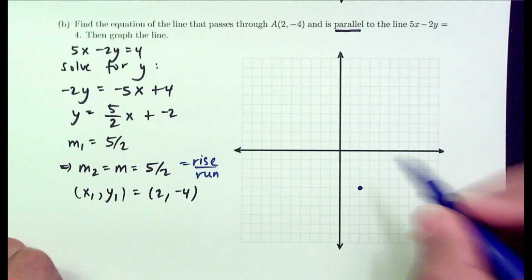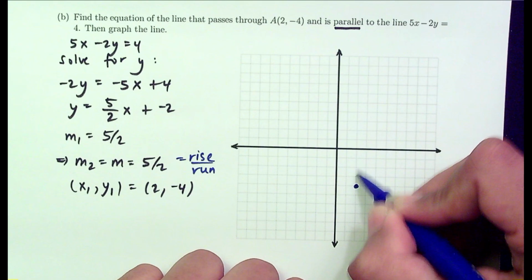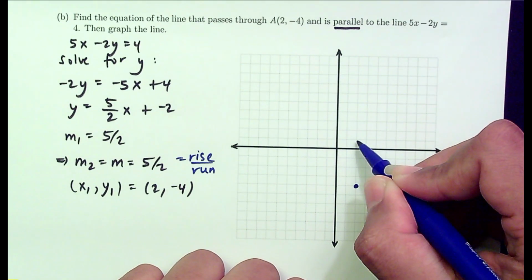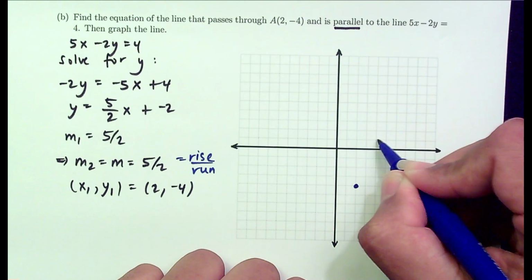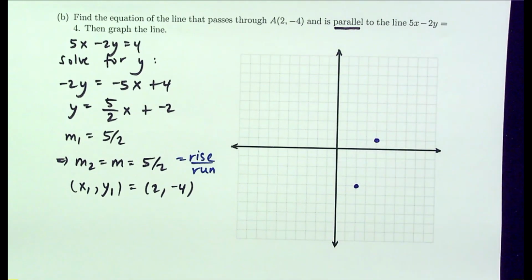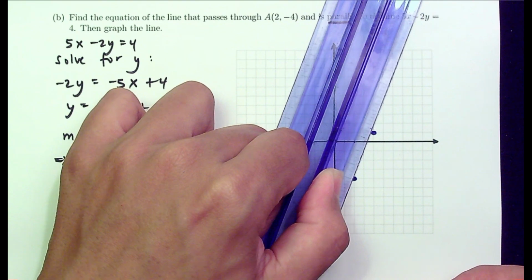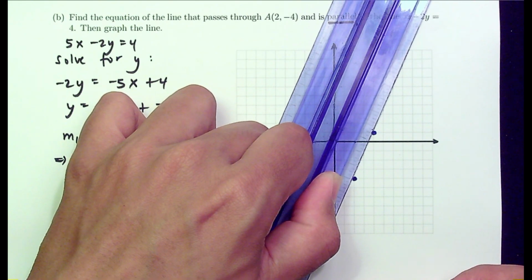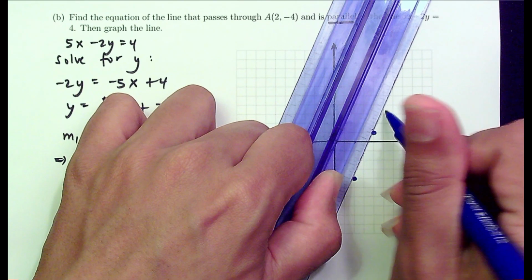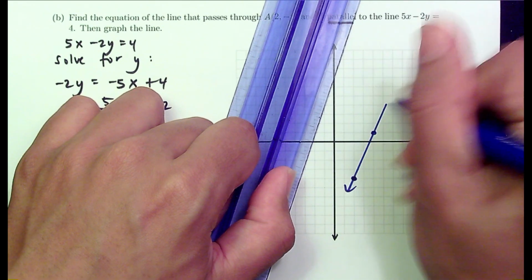So from here, I'm going to rise 5 and then 2 over. So 1, 2, 3, 4, 5, and 2 over: 1, 2. That's another point on the line. Connect them, and you have the graph of your line. Okay?